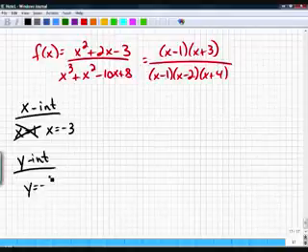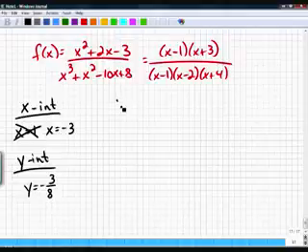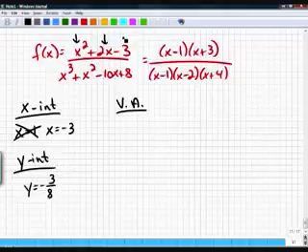So y equals negative 3/8 or negative 0.375. That's where it's going to cross your y-axis. So we have an x-intercept, we have a y-intercept. Now let's look for vertical asymptotes.